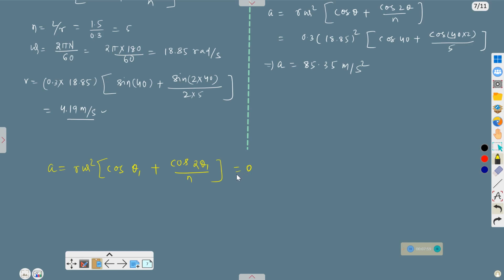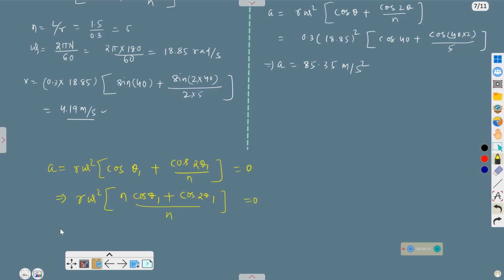Okay, and we'll be equating this to 0. So if we do some arrangement, I can write this as r omega square times cos theta 1 plus cos 2 theta 1 divided by n, equal to 0.